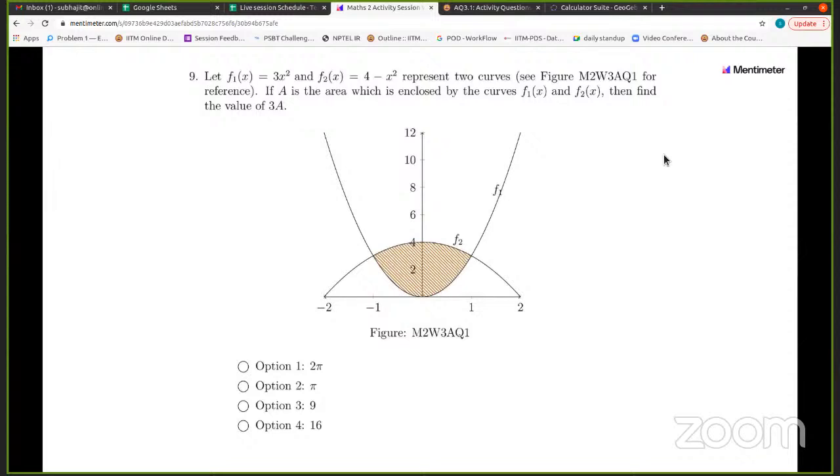I have two functions, f1(x) and f2(x). f1(x) is 3x squared, a parabola facing upward, and f2(x) is 4 minus x squared, which is facing downward, as the coefficient of x squared is negative. You have to find the area enclosed by these two parabolas, the area pointed in the figure, and that area is A. You have to find what 3A is. Let's try to solve it.